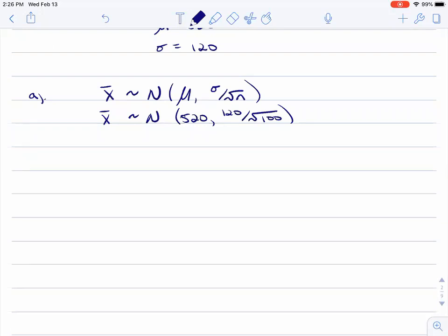I would probably just leave it like that, probably because I'm lazy. Or we could write x bar follows a normal distribution centered on 520 with a standard deviation of 120 divided by 10, so 12.